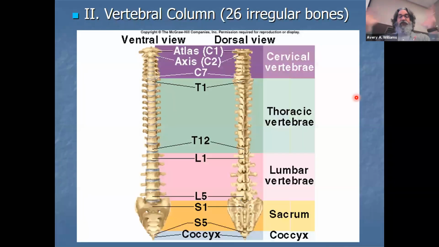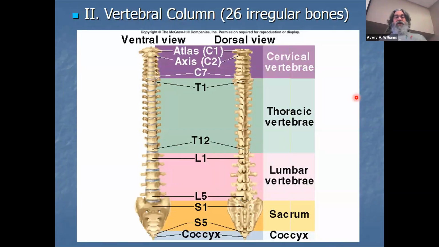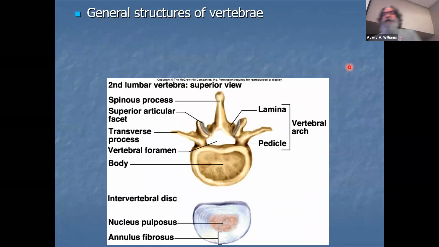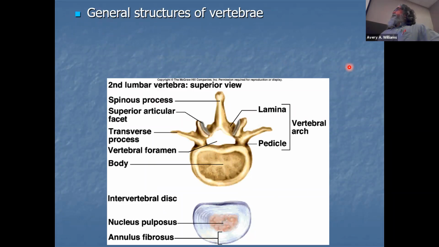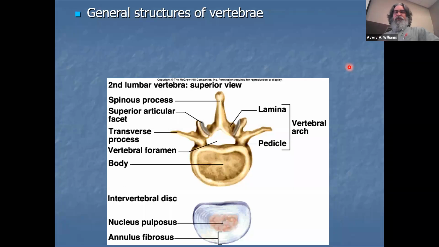Now beyond the skull, next you'd have all the vertebrae. So Roman numeral 2, the vertebral column. It's 26 irregular bones. If you counted all these up, that would be 26. Now, before we get into specific bones, we're going to talk about them in groups.